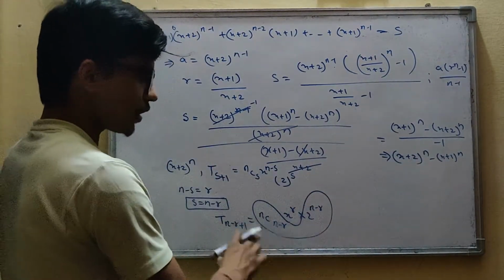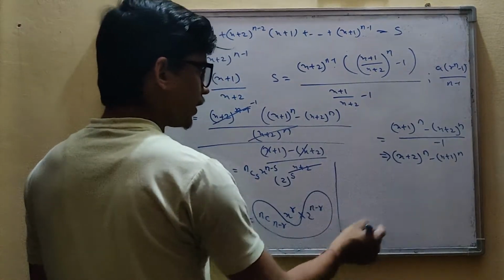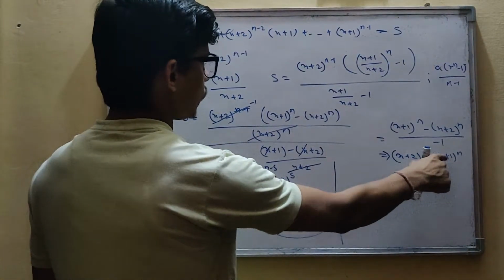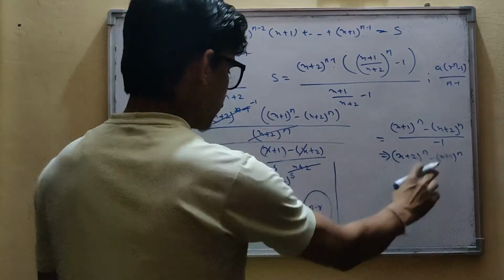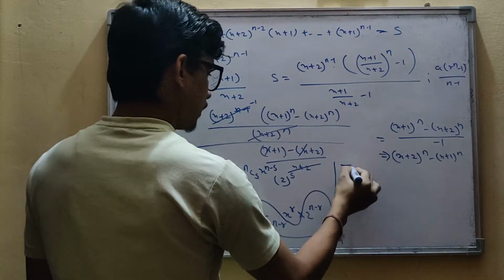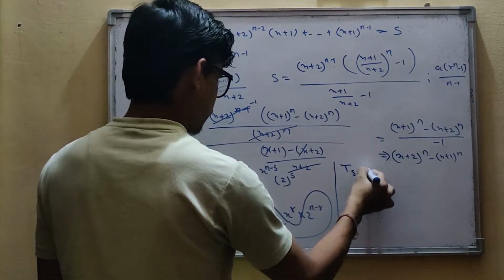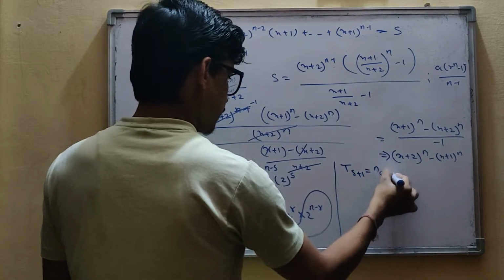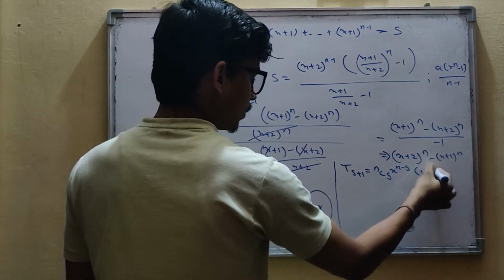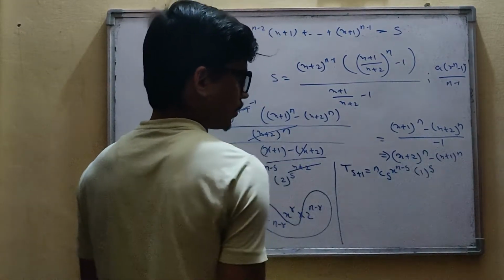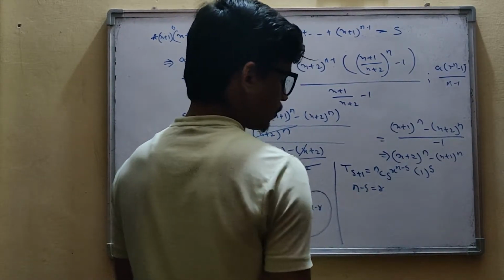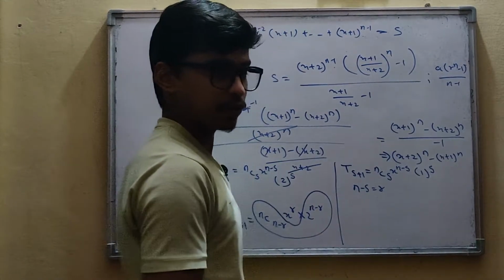So similarly, if you calculate again for (x+1) also, you have to do the same for (x+1) also. So I'm going to show you t_{s+1} again is like this, nCs and x to the power n minus s, and as 1 to the power anything will become 1, I am not considering it for now. And now substitute n minus s equals r, because we are interested to find the coefficient of x to the power r.